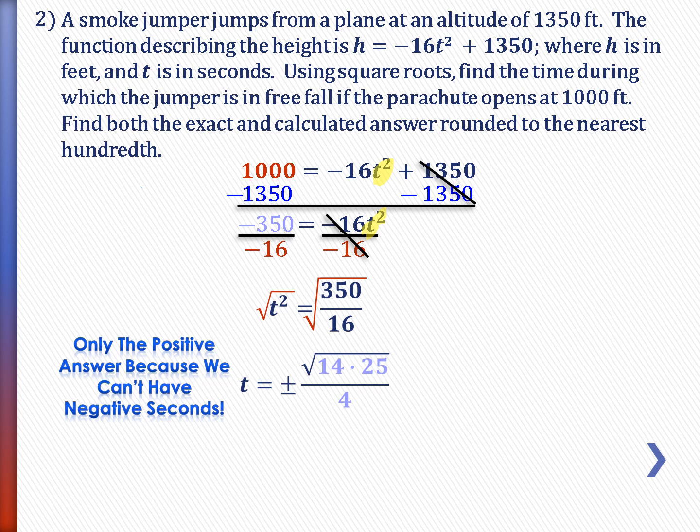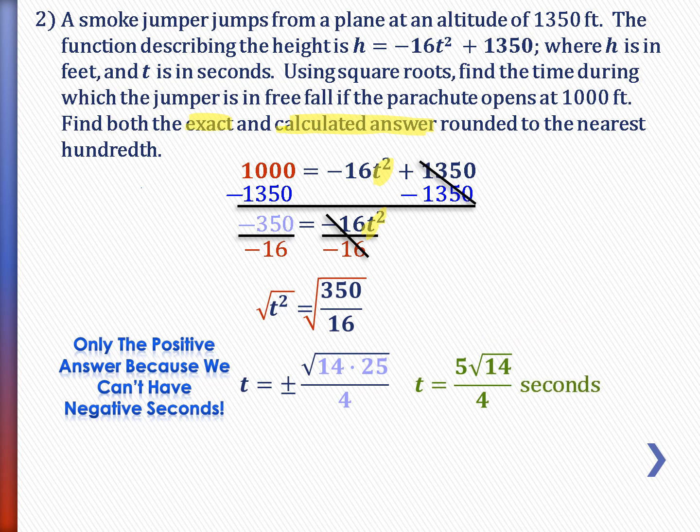Therefore, we can eliminate the minus part and just say that that's going to be 5 square roots of 14 over 4. Because if you'll recall, they wanted the exact and the calculated, the exact and the approximate time. So I can say that at exactly 5 square roots of 14 over 4 seconds, that's when the chute's going to open.